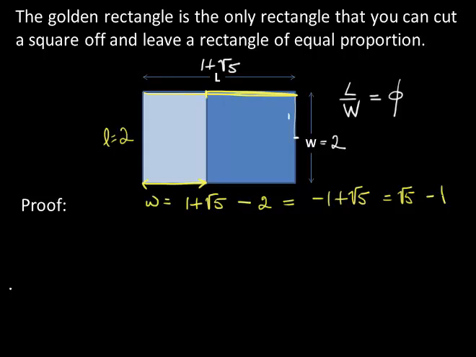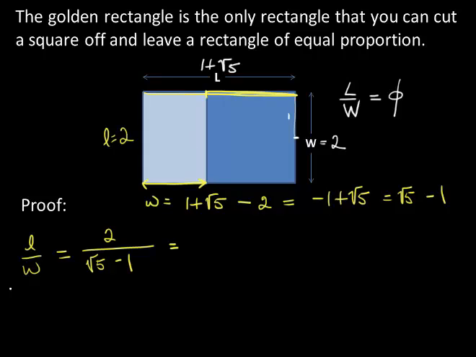So all we have to do now is calculate length over width. Little l over little w is equal to, the length was 2, the width was the square root of 5 minus 1. And now I'm going to put this on pause and put it in my calculator and see what we get.